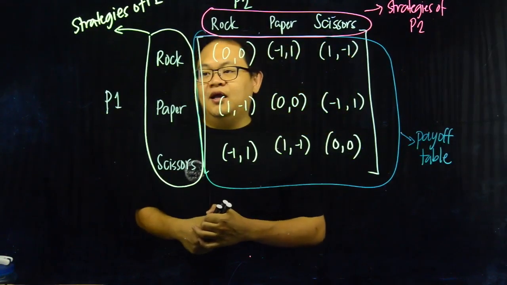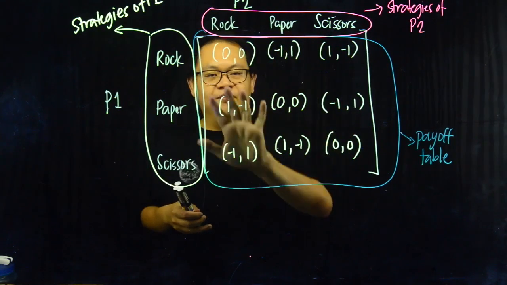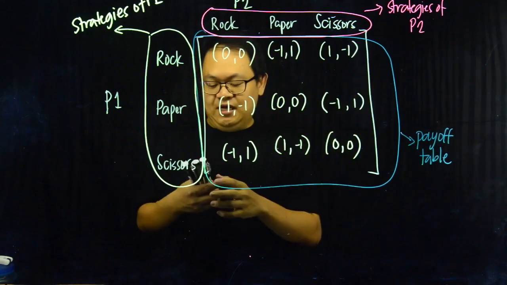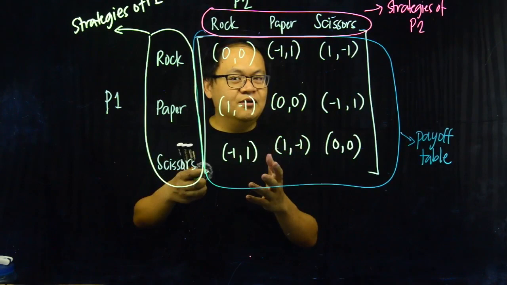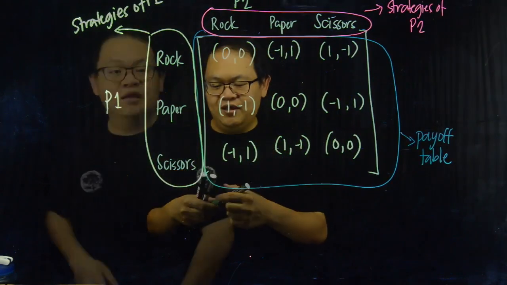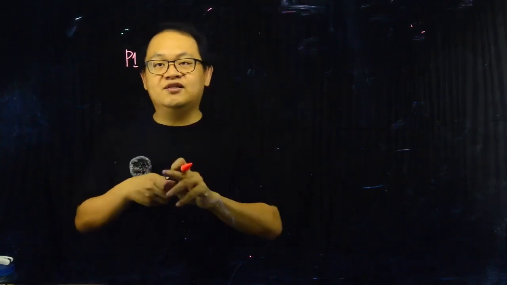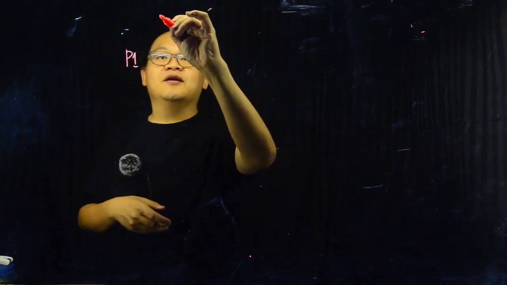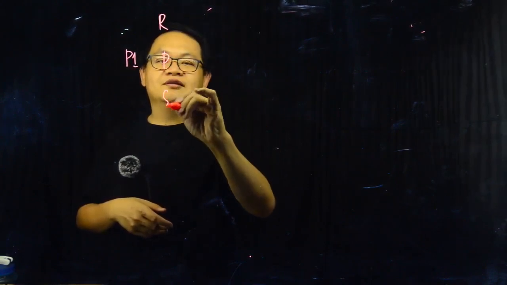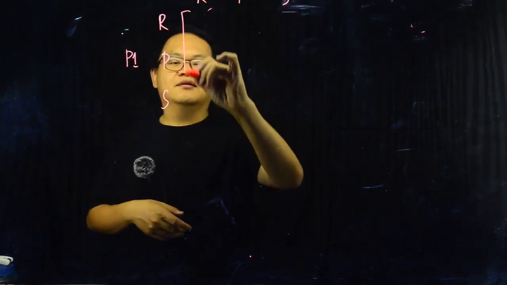Now, I'd like to represent this payoff table in a different manner, in a smaller manner, and yet it will hopefully mean the same thing. Okay? So again, we still have player 1, and we still have player 2, and we still have the three strategies for each player: rock, paper, scissors, rock, paper, scissors.